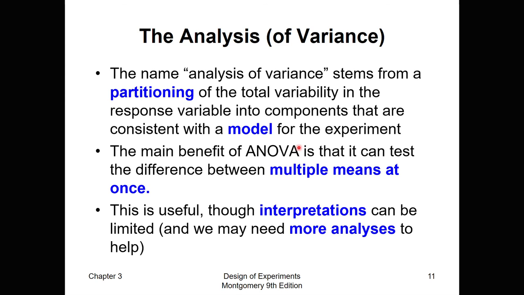If you think of a single test that looks at all the differences between all the means at once, one of the obvious questions is, if it's significant, if it says yes, there's a difference between the means, well, where is the difference between the means? I had 4 different power levels. Which ones are different from which other ones? And the ANOVA doesn't directly answer that. So we actually need some supplemental analyses to help out with that, and we'll talk about that later on.